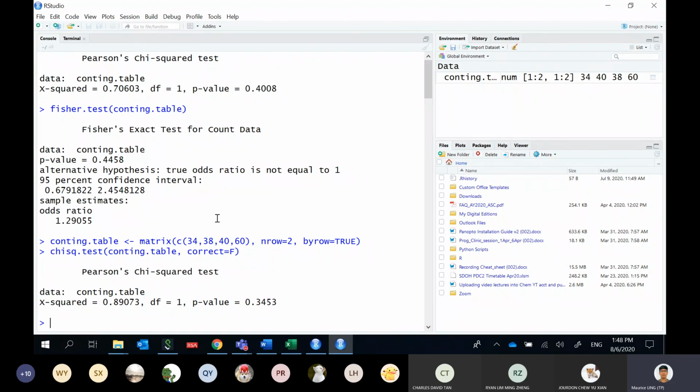Okay, but you get what I'm trying to say. If it's close to 0.05, yes, the two tests can give you different answers. So Jordan, you're correct. The two tests can give you different answers on accepting or rejecting a null hypothesis.